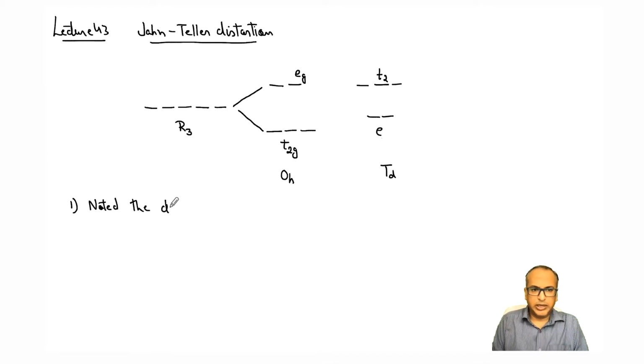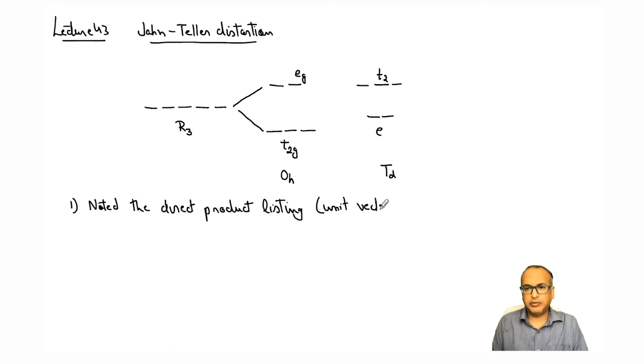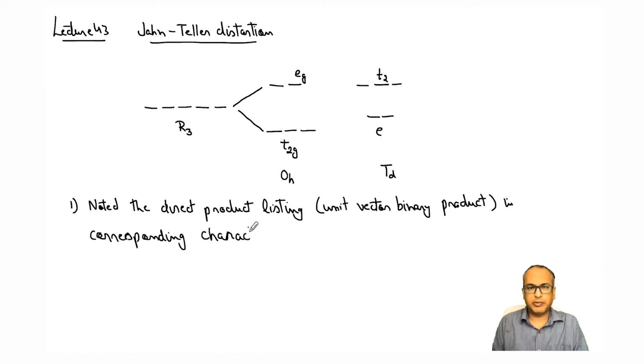direct product listing, we can also say unit vector binary product, in the corresponding character table, right?